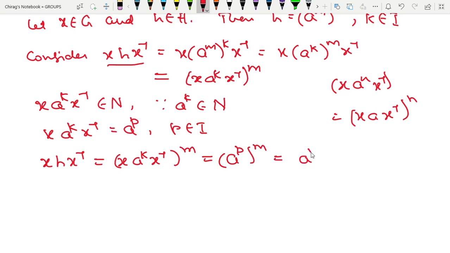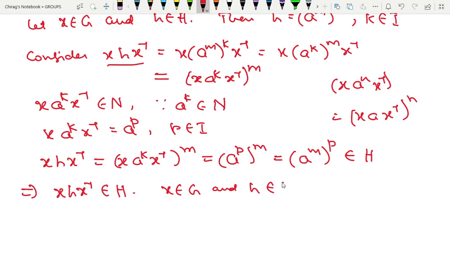That can be written as (a^m)^p, and that definitely belongs to H, because every element of H can be expressed as some integral power of a^m. So (a^m)^p is an element of H. So this implies x h x inverse belongs to H. So we proved that for every x belonging to G and h belonging to capital H, x h x inverse belongs to capital H, and therefore H is normal in G.